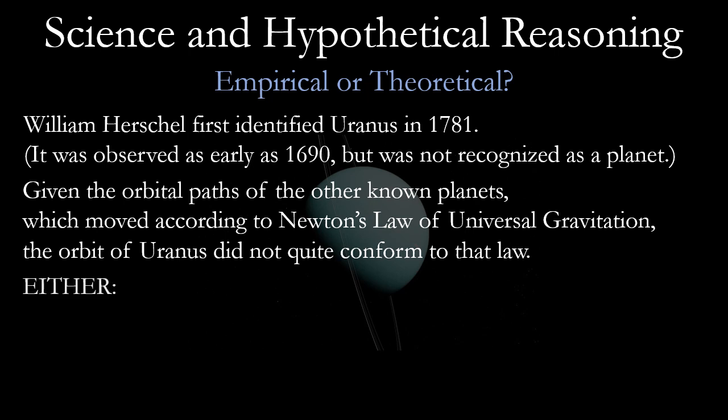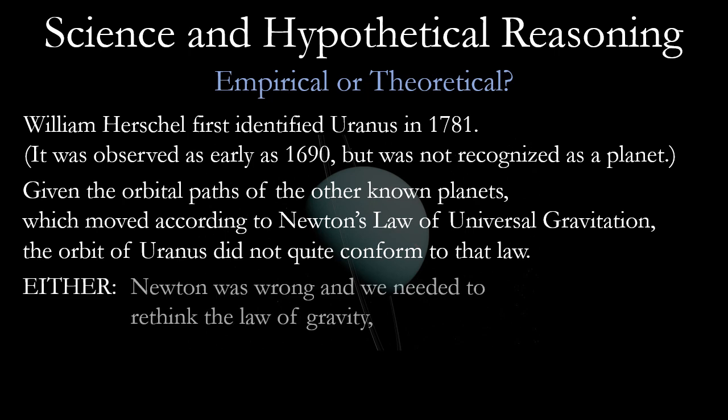So scientists or astronomers were at a crossroads. Either Newton was wrong, maybe theoretically, and we needed to rethink the law of gravity. That's a possibility, that maybe the framework by which we were understanding the planets and their orbits is wrong. That's the theoretical possibility.